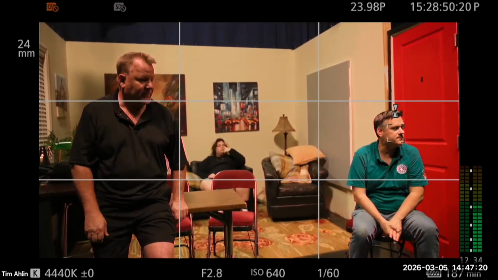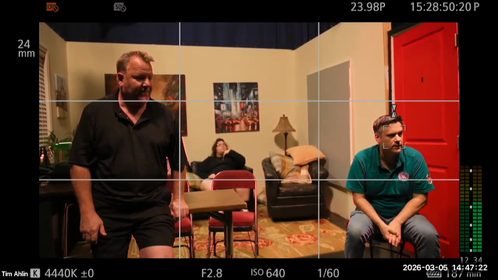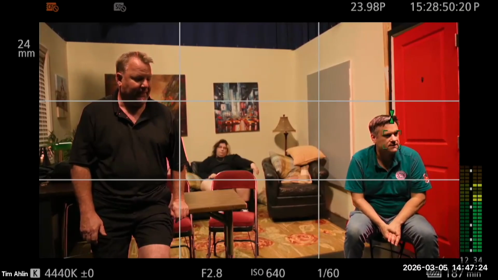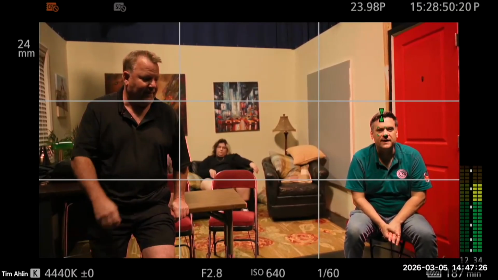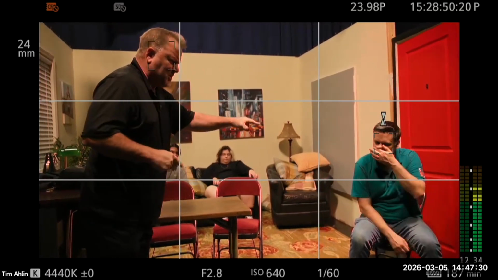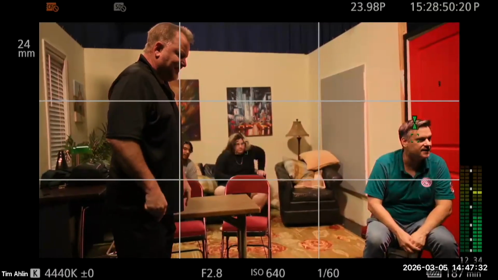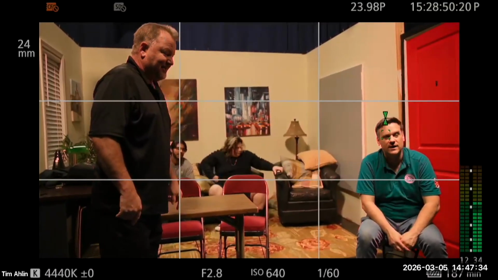So how this is framed matters in telling the story. Looking at this shot, if you know nothing about the narrative that Grant and I are doing, what is this saying about me as a character, and what does this say about Grant as a character? Grant standing over you visually puts him in a position of power, and you're in a weaker position.